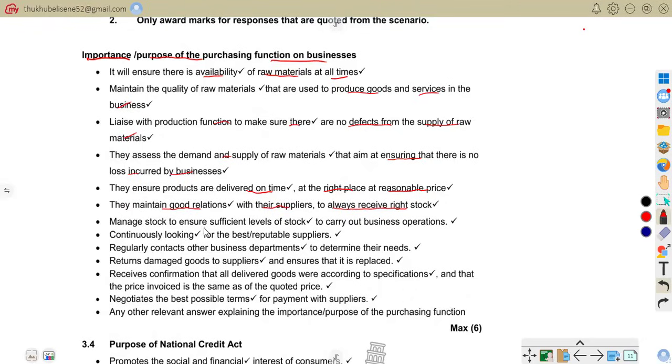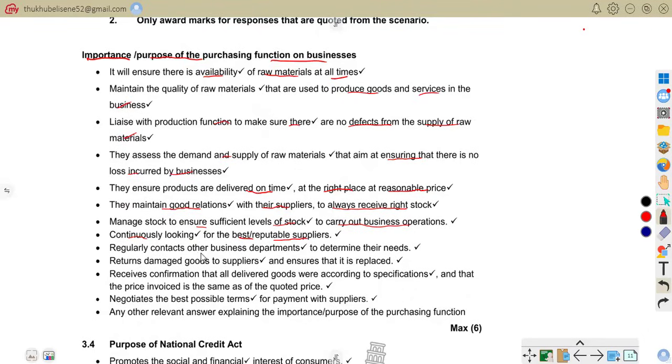They manage stock to ensure sufficient levels of stock to carry out business operations. This is about managing stock levels, so they avoid shortages or excess stock. They continuously look for the best and reputable suppliers, so they look for good, reliable suppliers.